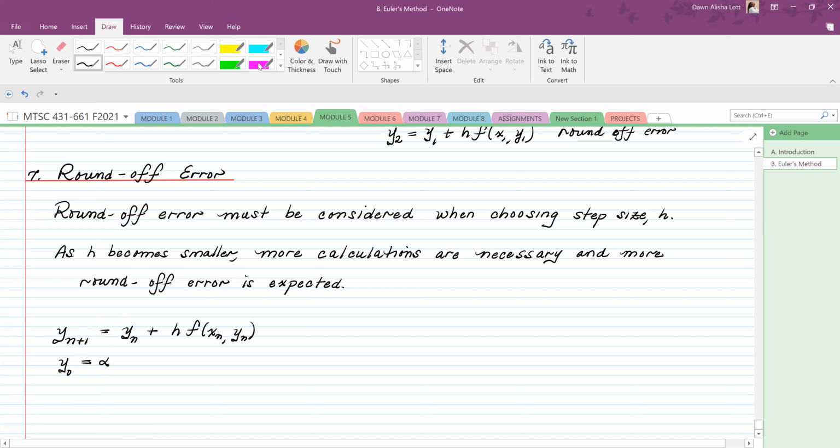And this is the numerical solution without round off error.